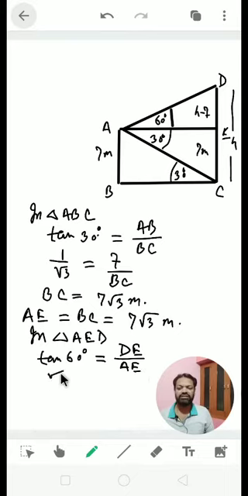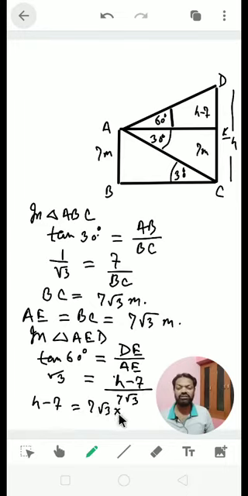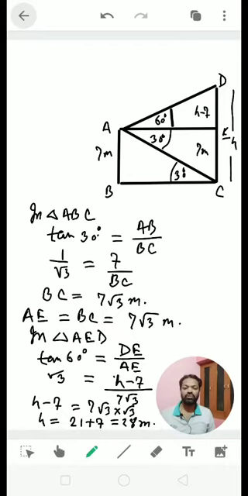So the value of tan 60 is root 3, equals DE, which is given as h minus 7 here, and AE is 7 root 3, which we have already got. If we solve this, we get 7 root 3 into root 3. So h will ultimately be 21 plus 7, that is 28 meters. Hope this answers the question.